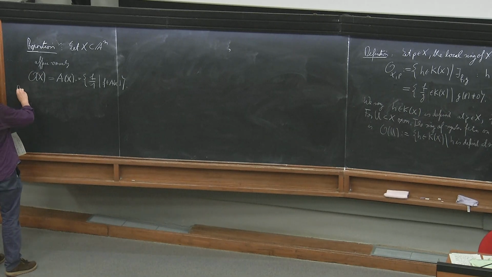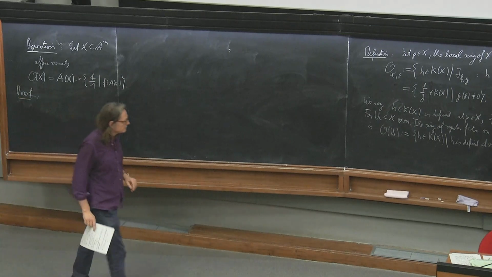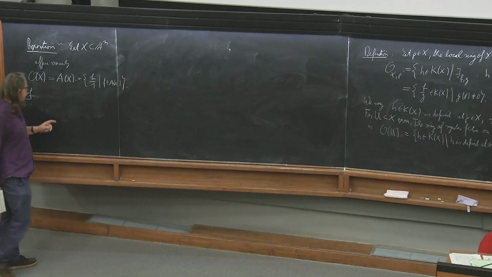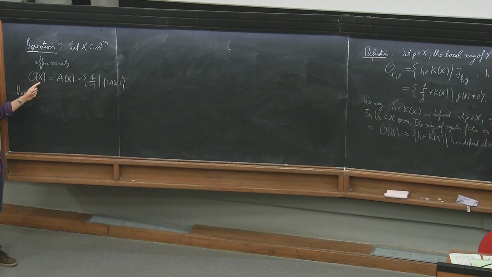So this is precisely, in some sense, the opposite of what I said here. For every point P in X, we can find a representation. So assume we have an element H in O of X. Then for every point in X, we can find a representation H equal to F divided by G such that G of P is non-zero.